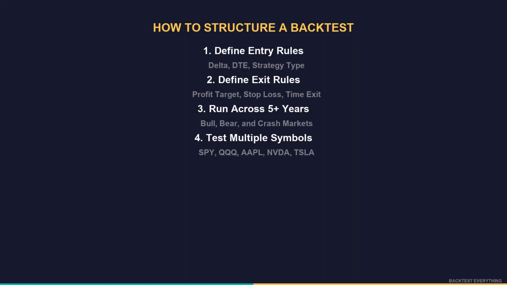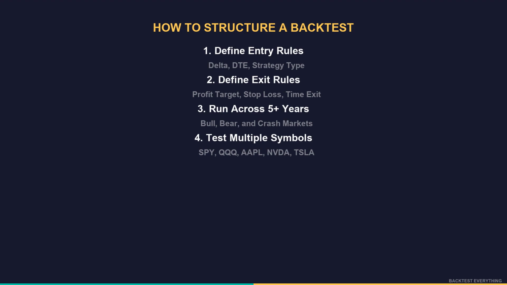How to structure a backtest. Step 1. Define your entry rules. What delta? What DTE? What strategy type? Be specific. Step 2. Define your exit rules. Profit target percentage, stop-loss percentage, time-based exit. These must be mechanical, no discretion. Step 3.